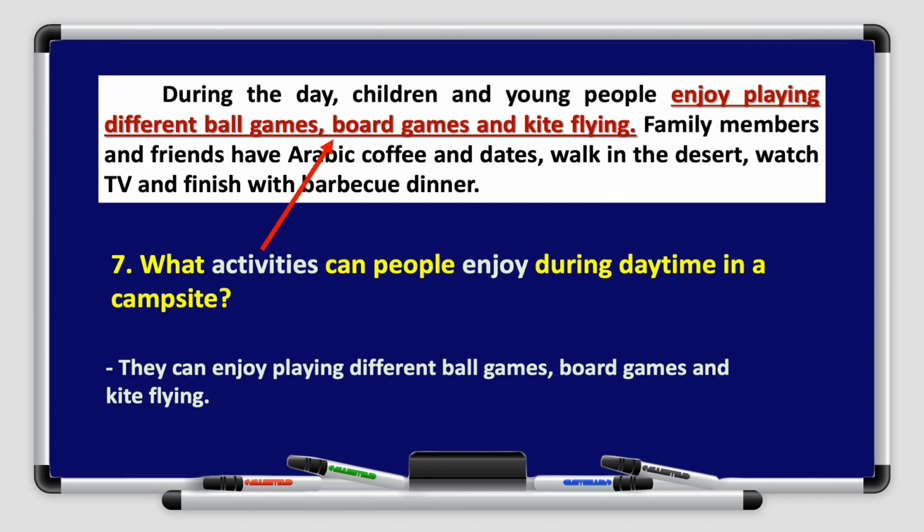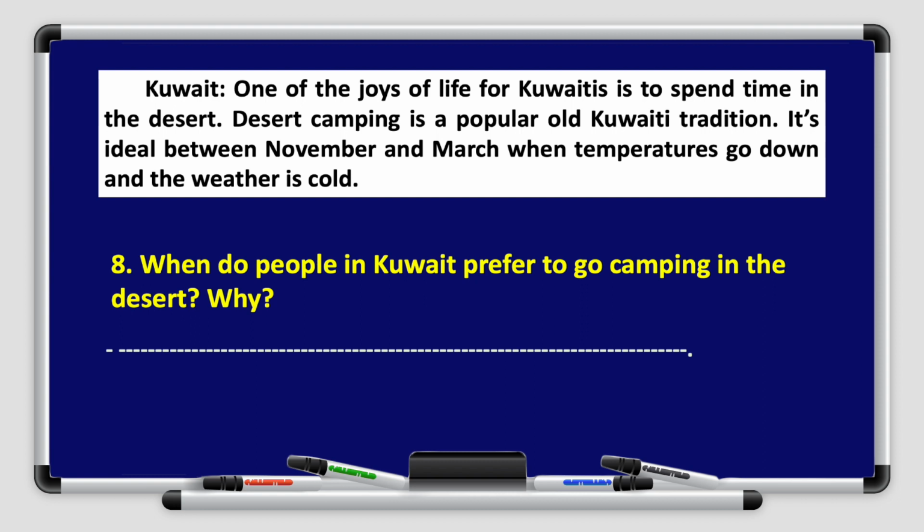So, number 7, what activities can people enjoy during daytime in a campsite? We have the evidence underlined in the passage and we have to write it in a full sentence. So we say they can enjoy playing different ball games, board games and kite flying. 8. When do people in Kuwait prefer to go camping in the desert?